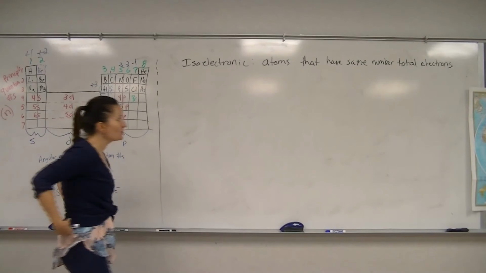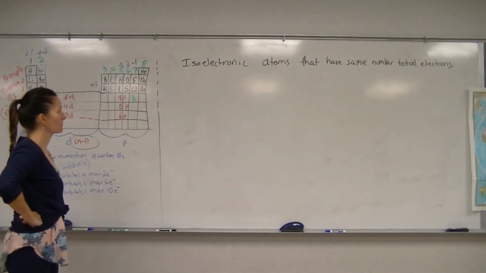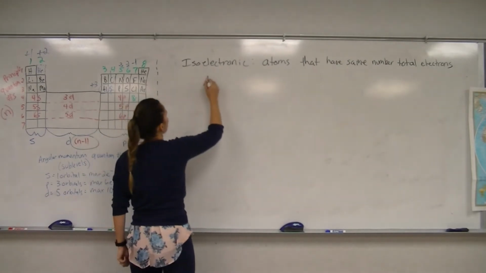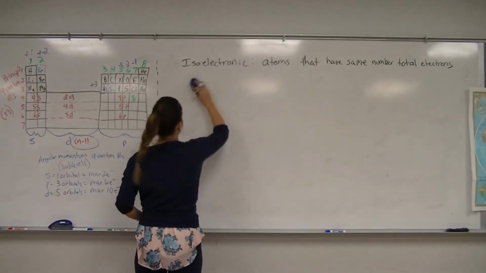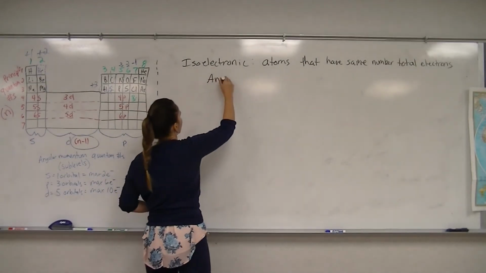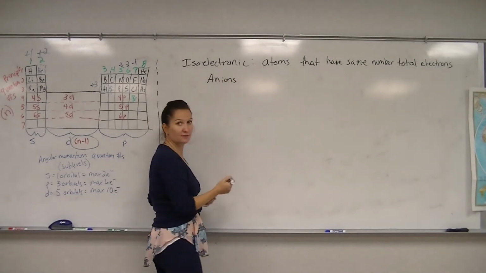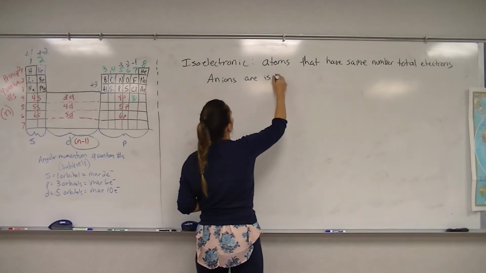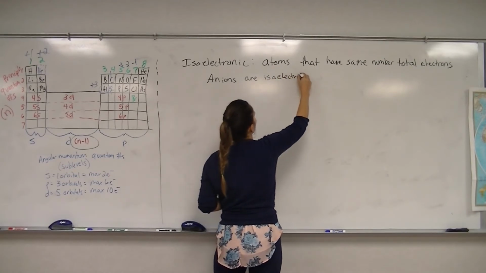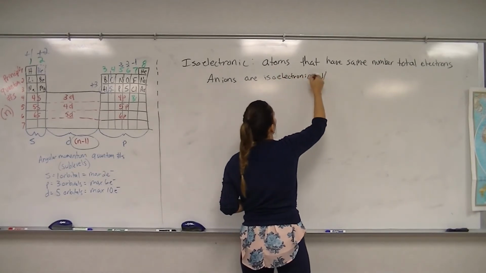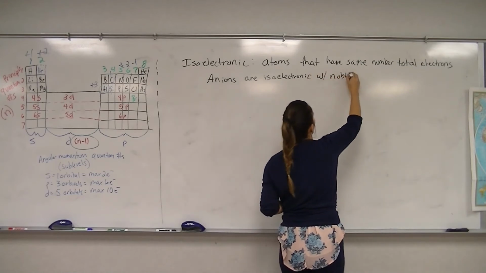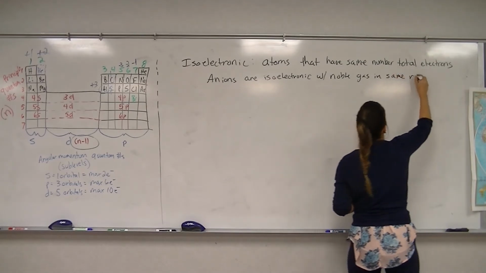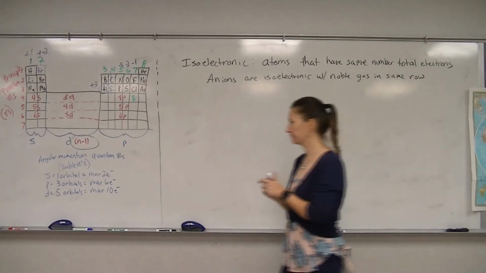All right, so to figure this out, let me start by saying anions, which are negative ions, are isoelectronic with the noble gas in the same row. Okay, what do I mean by that?